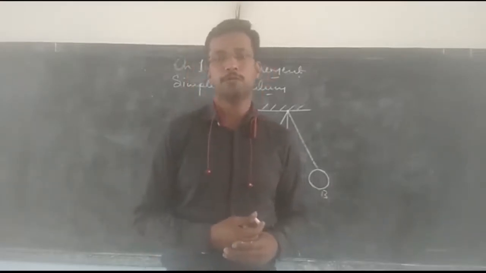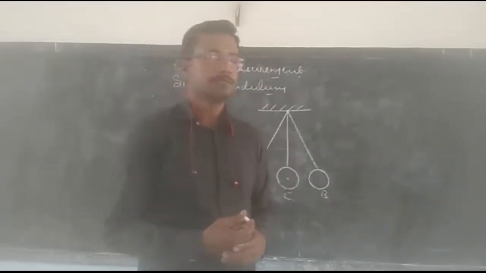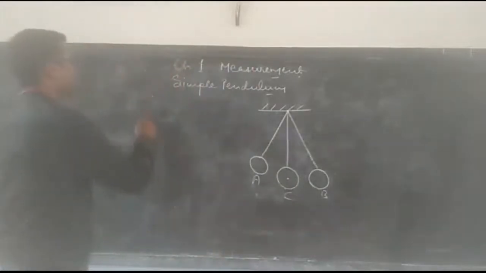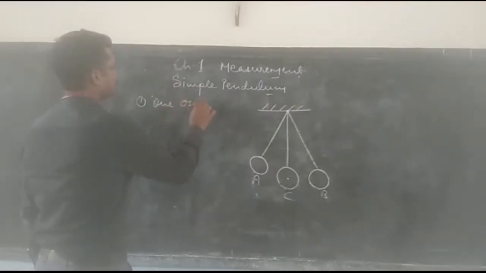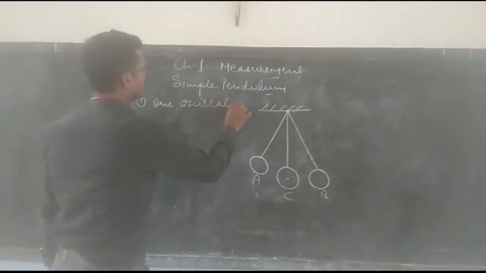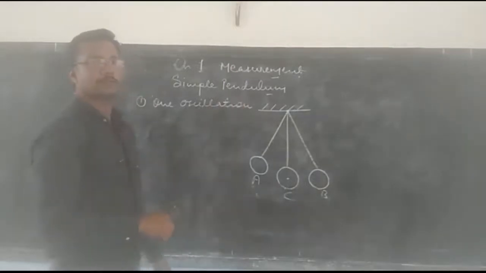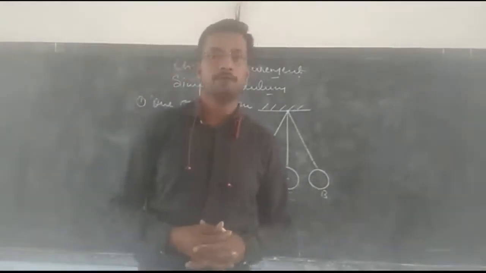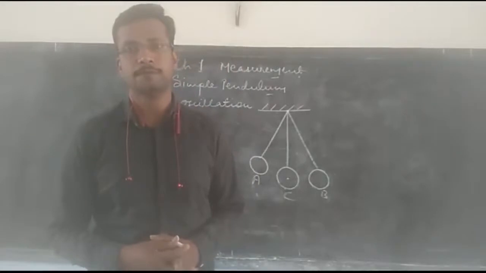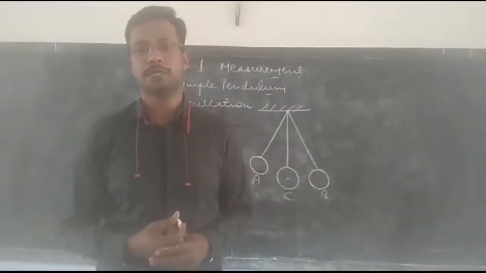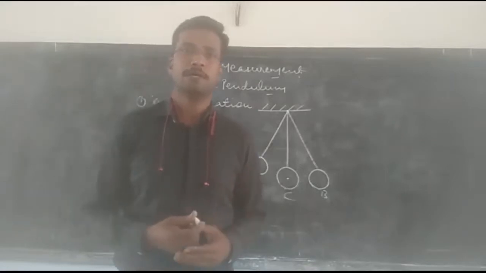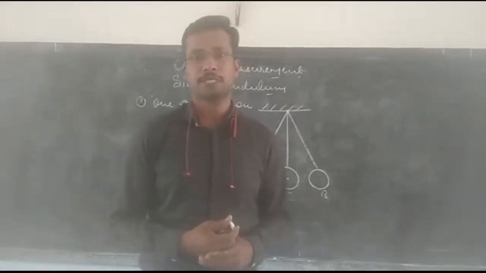Now there are few terms related to simple pendulum. Number one is one oscillation. One oscillation of a pendulum is said to be completed when it comes back to the original position after making oscillation.